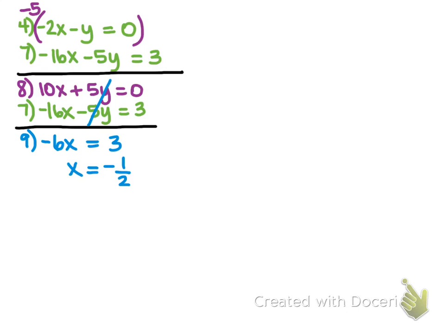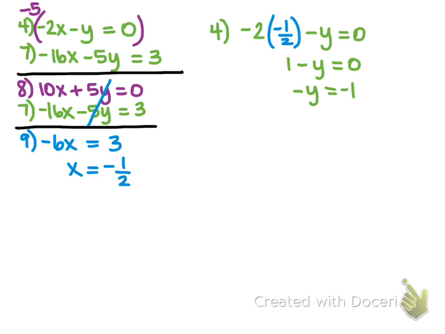Now that I know what x is, I can start substituting back into the other equations to find y and z. You always want to look for the simplest equation. So I'm going to plug negative 1/2 in for x in equation 4. Negative 2 times negative 1/2 minus y equals 0 gives me 1 minus y equals 0, which means that y equals 1.